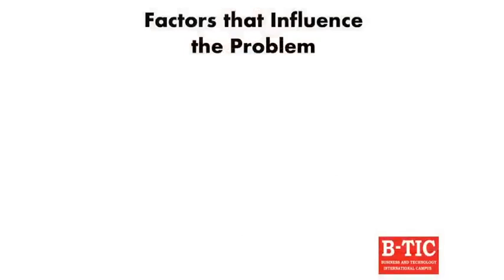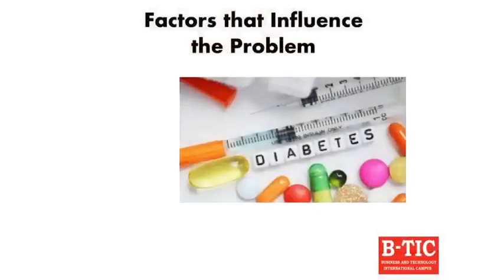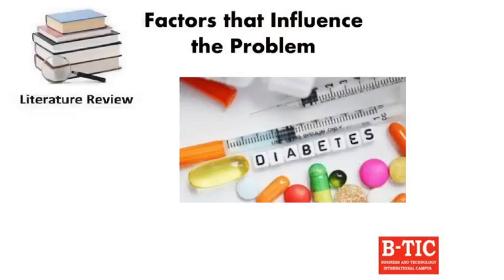After you clearly define the research problem, you have to move to the next part of the process, which is to find out the factors that influence that problem. If it is diabetes, you may have to go to the existing knowledge. We call this literature review. You go there and find out if there are any theories that talk about blood sugar and the factors connected to that.